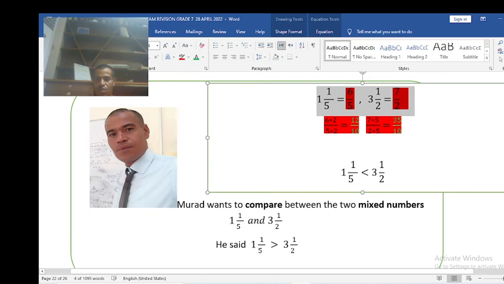How can you compare between these two mixed numbers? We should first convert them to improper fractions, then find the least common denominator of both fractions. Then, once you obtain the least common denominator, just compare the numerators, and hence see which one is more and which one is less.